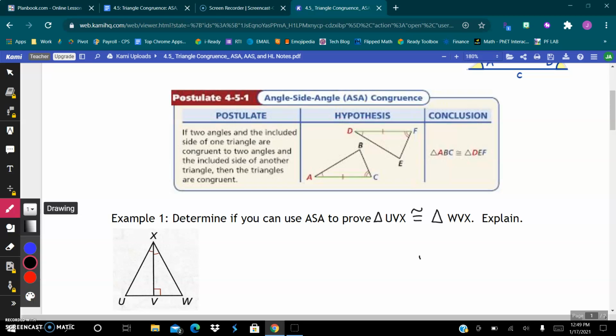As you can see here, we have angle A, then the side marked with the tick mark, and then angle C that's congruent to angle D, then this side, and then angle F. So if we go around this triangle, we have an angle, a side, and then an angle.